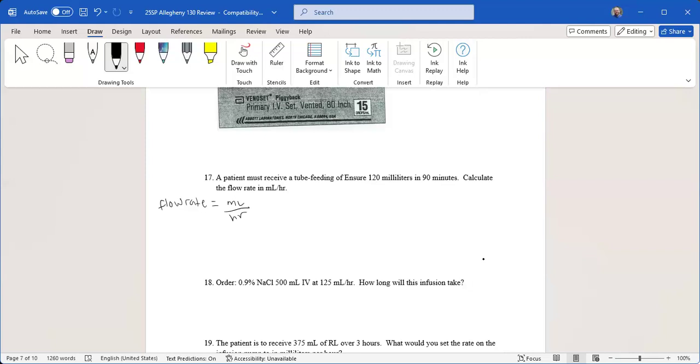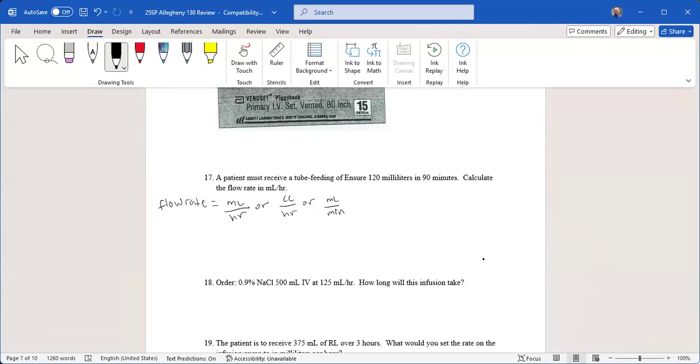The volume is typically milliliters. The time is typically hours. It could also be cc per hour, and cc's and ml's are the same thing. You could get milliliters per minute. You could get any number of variations.